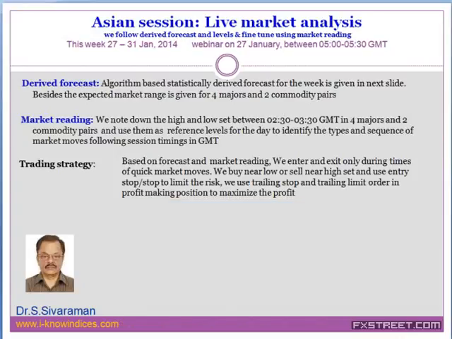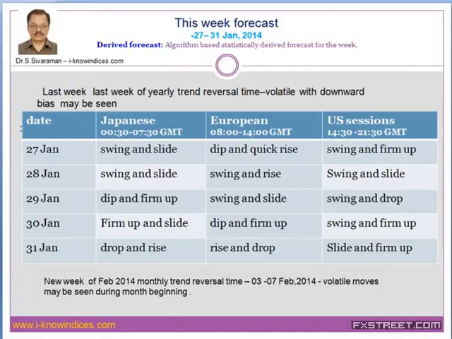So first of all, let me explain the expected market moves in this particular week. This is the last week of the month, and especially the yearly trend reversal time will get over by this week, because it started in the first week of December, and the whole of December we have seen volatile moves.